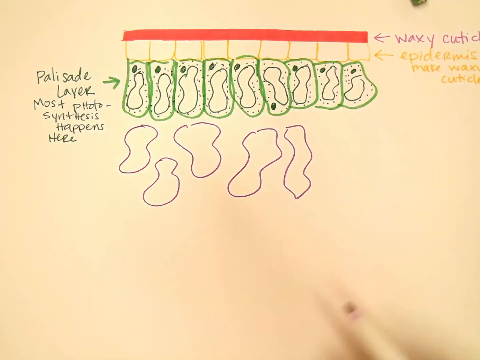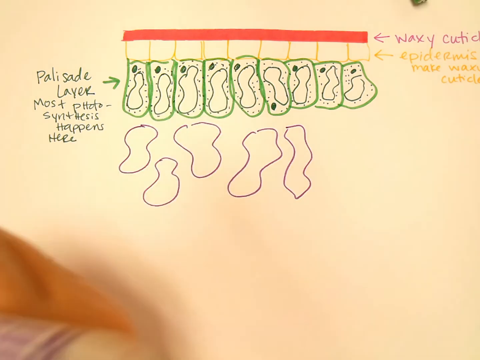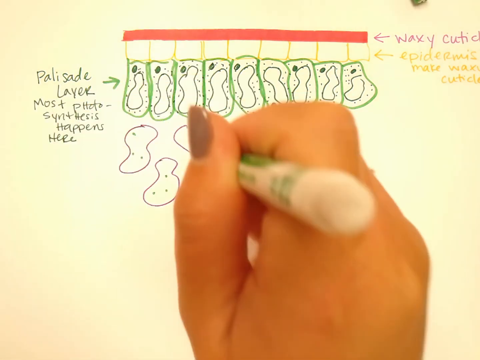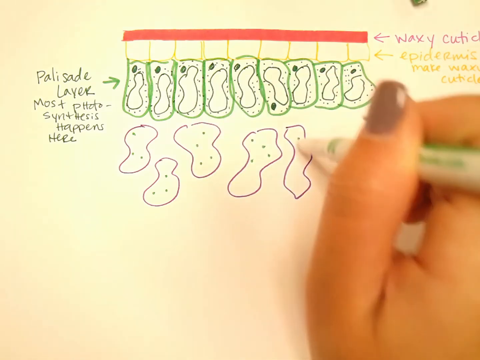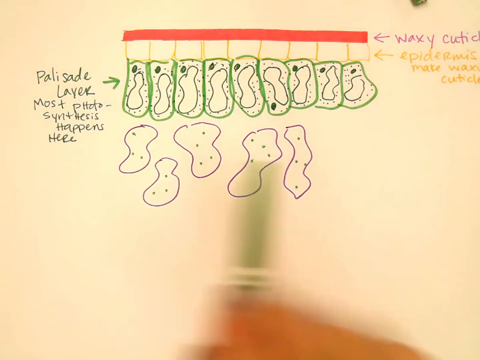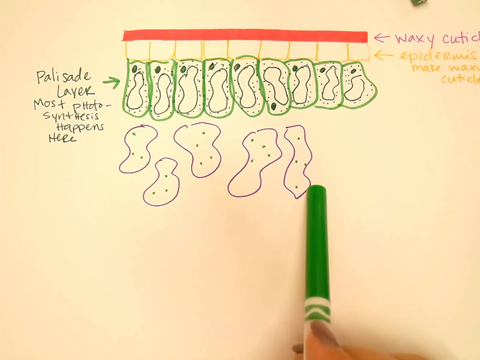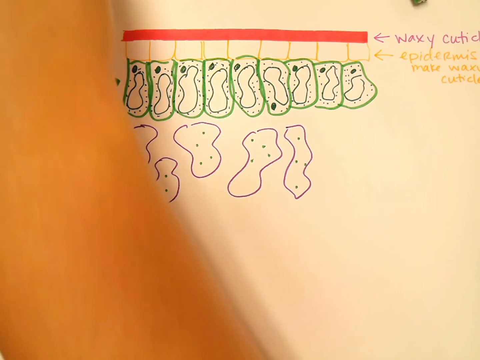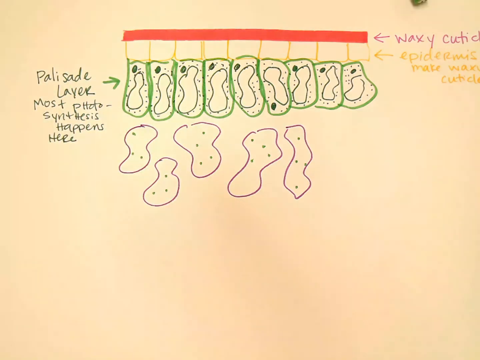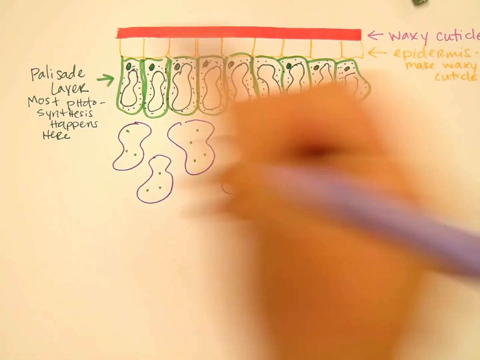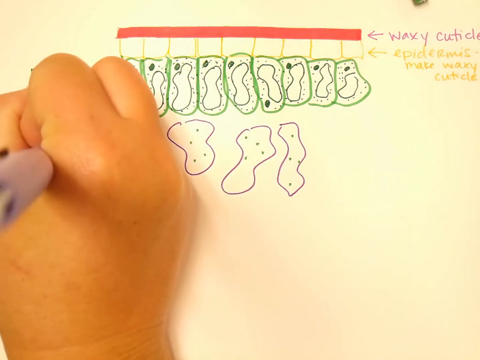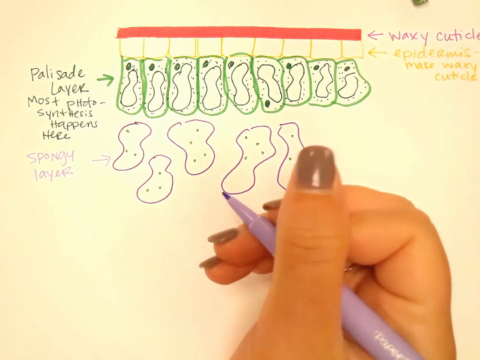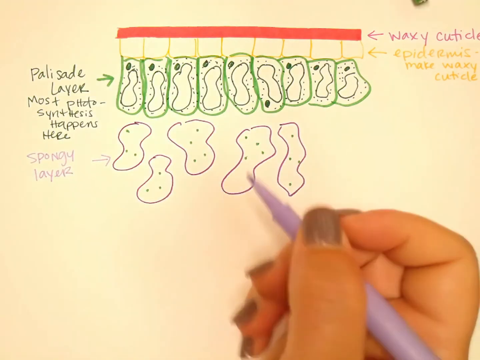This spongy layer does still have some of our green chloroplasts, so it does still go through some photosynthesis. But the main job of this layer is to trap some of the gases that are coming in. So the job of our spongy layer is to trap gases like oxygen and carbon dioxide.